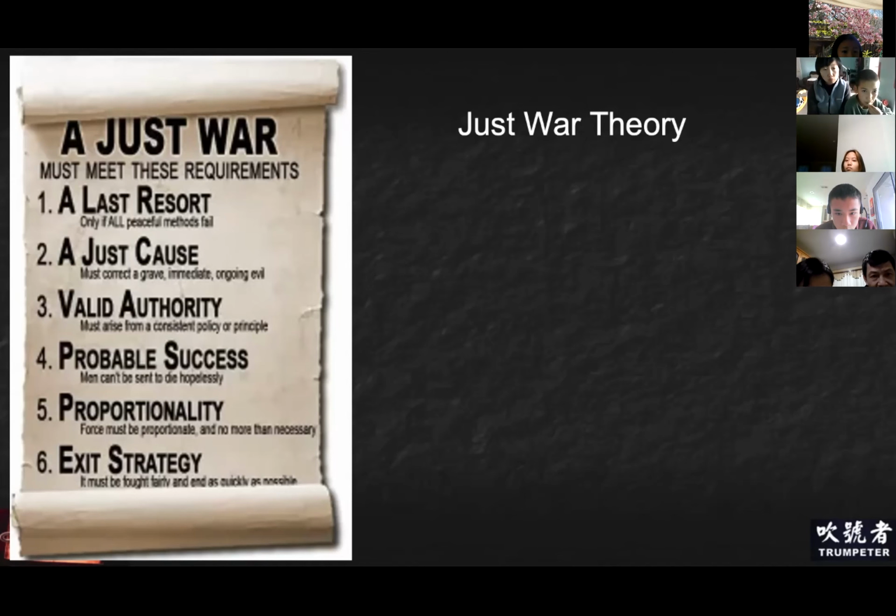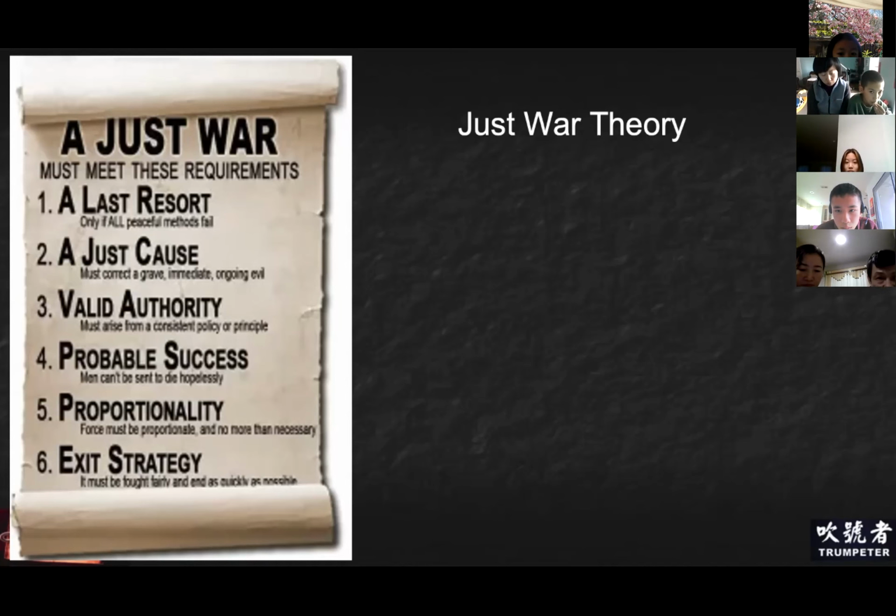Second, a just cause. Why do you want to get into a fight? Is it self-defense? Or do you just say, oh, your land is better than mine, I want to take it over? Then that's not a just cause. Number 3, valid authority. Whoever starts the fight needs to have authority, a nation.